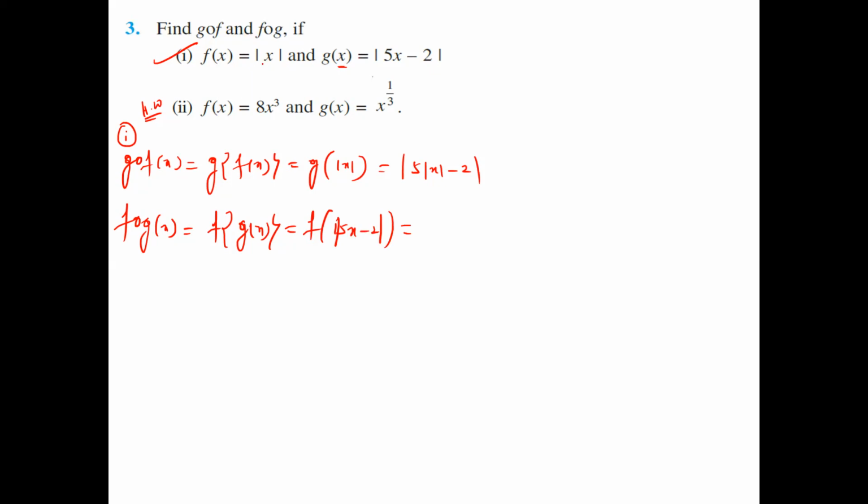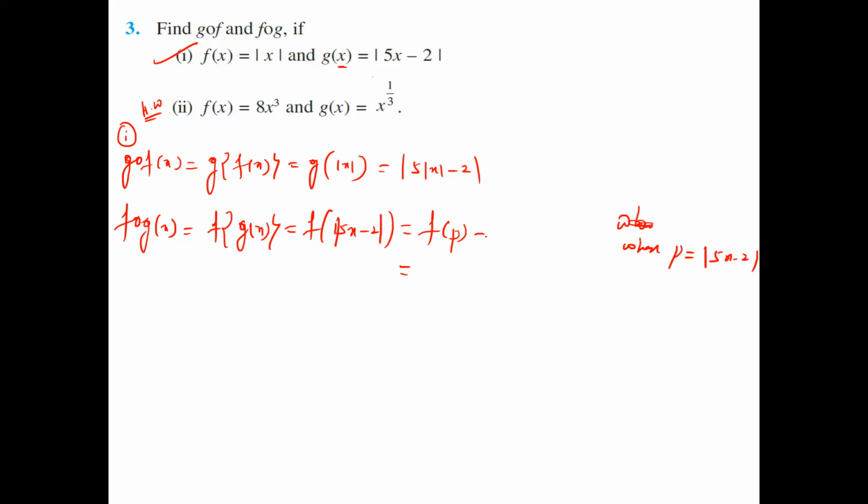Now, in the F of X value, wherever X is, you have to substitute this value. Otherwise, you are getting confused. You can write this one also. So you can substitute directly. Otherwise, you can take F of P, where P equal to mod 5X minus 2.